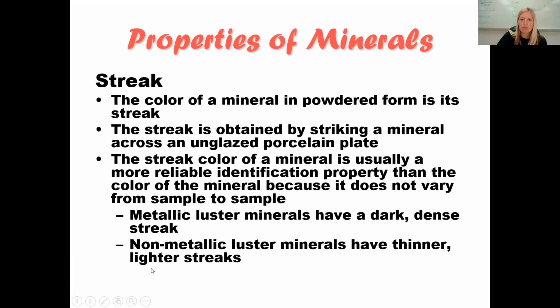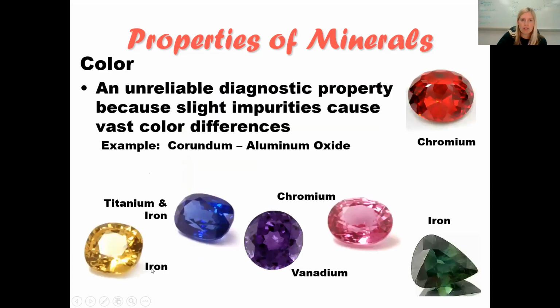So streak is more important than color because, as you can see here, all of these are corundum, which is also aluminum oxide, but each one of them has some different metals involved, and those are giving them all of these different colors.